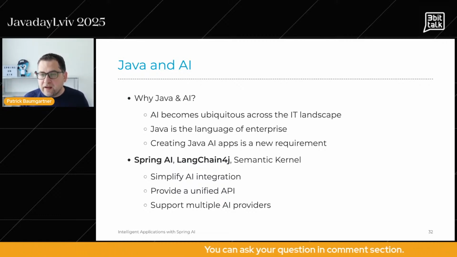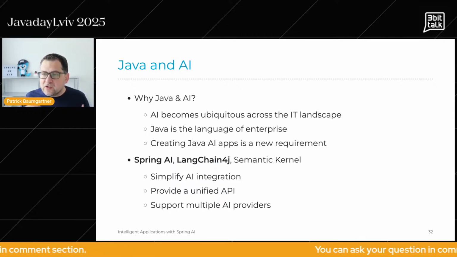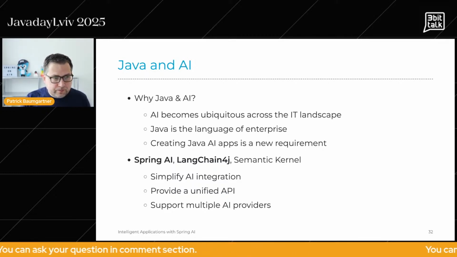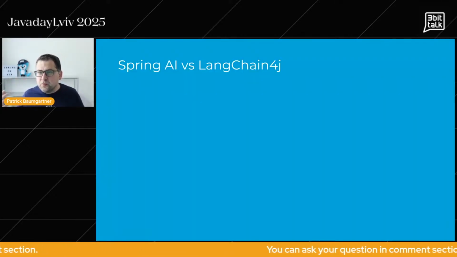Microsoft has another thing called Semantic Kernel, which also comes in different flavors, with different implementations, and it's also just an abstraction on top of the REST APIs of these models, right?